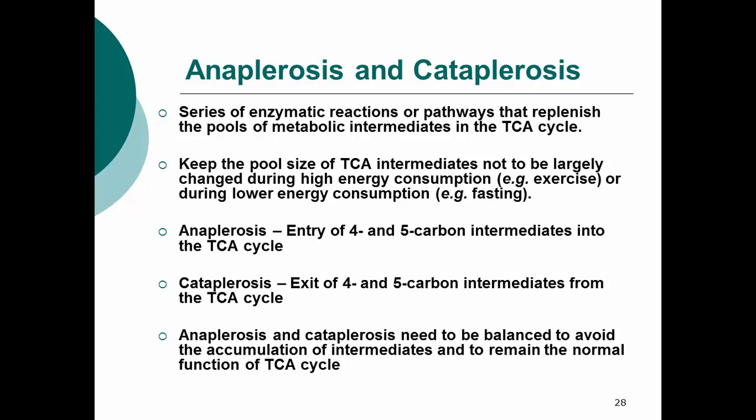These two processes are very important to maintain the TCA cycle functioning. So anaplerosis means that we add 4 or 5 carbon intermediates into the TCA cycle. This process is called anaplerosis, right? And cataplerosis means removing intermediates from the TCA cycle. This process is called cataplerosis.